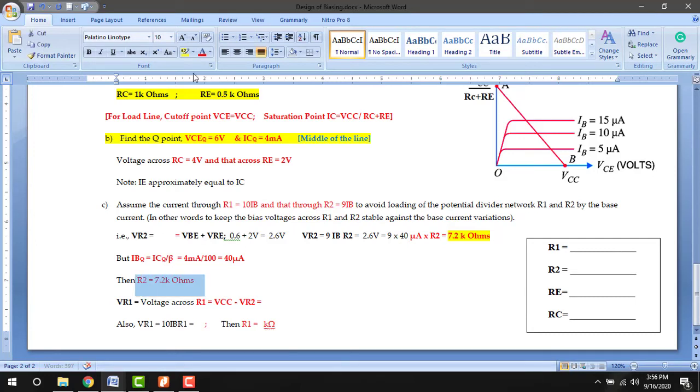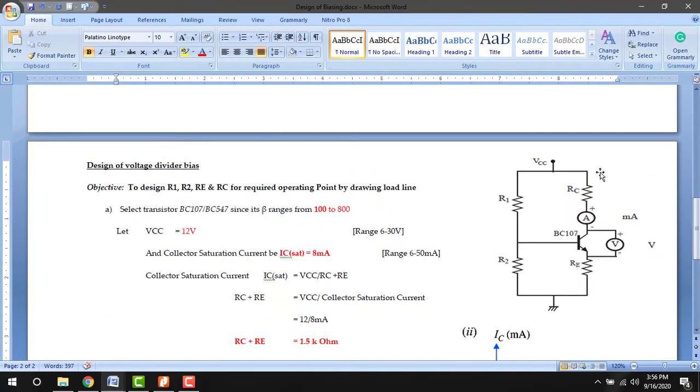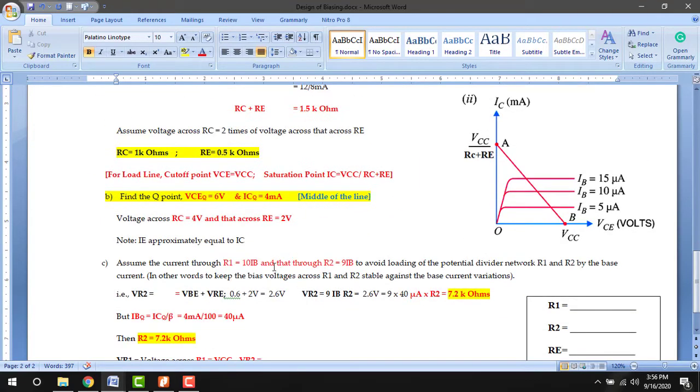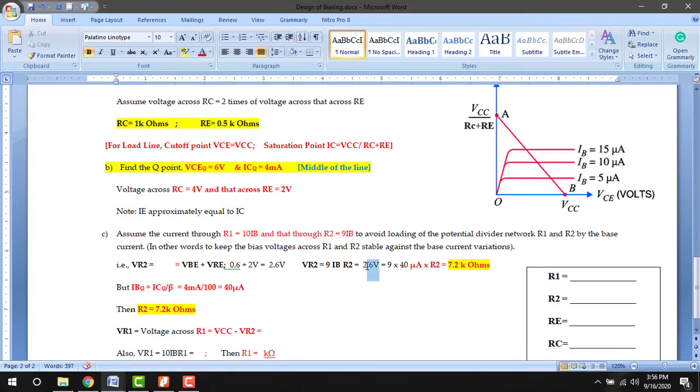R1 value. Now the voltage drop across R1: the total voltage is 12 volt and the voltage drop across R2 is 2.6 volt.